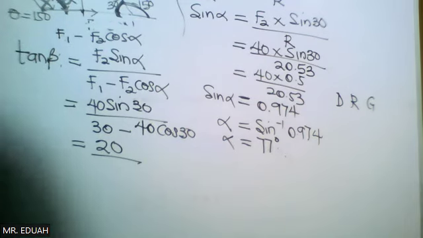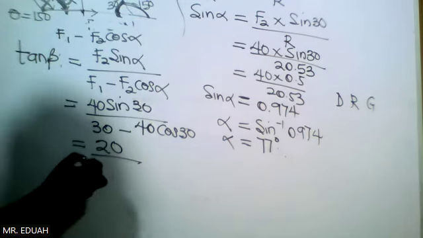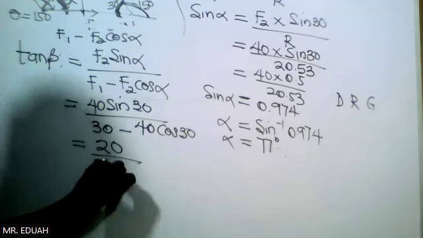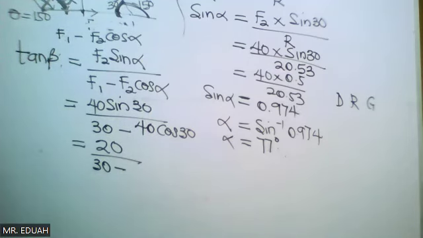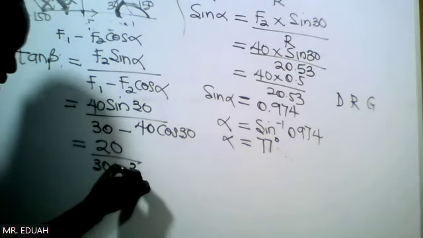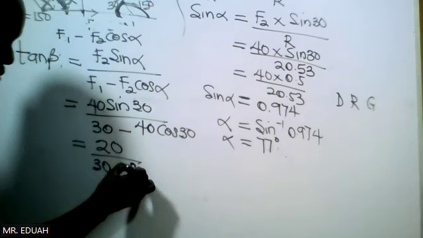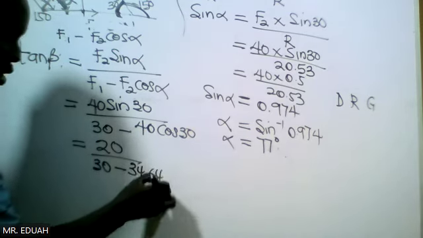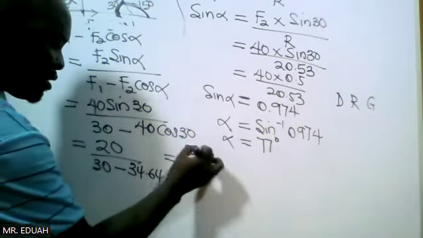So give me 20 root 3 in decimal. What is 20 times root 3? Anybody? 34.64. Okay.